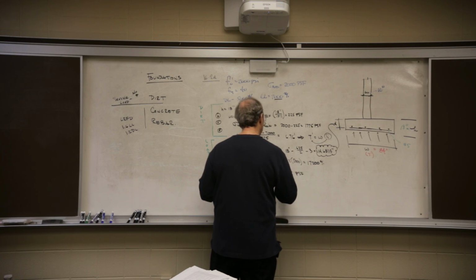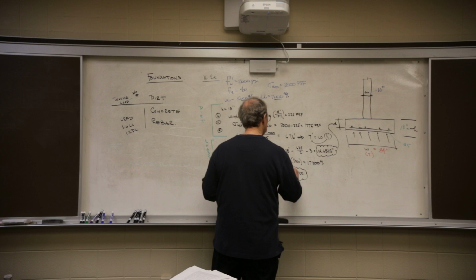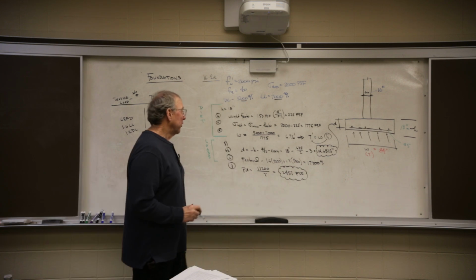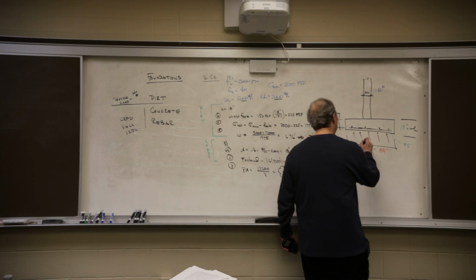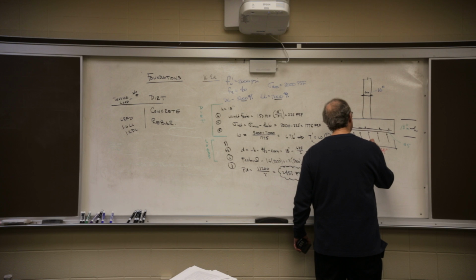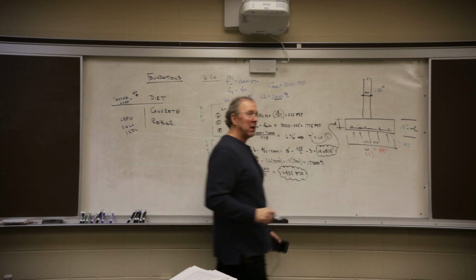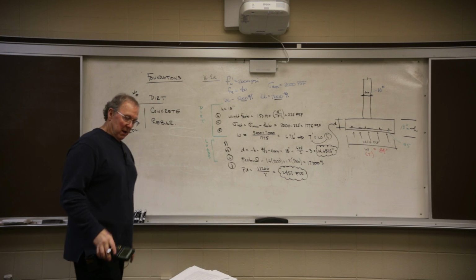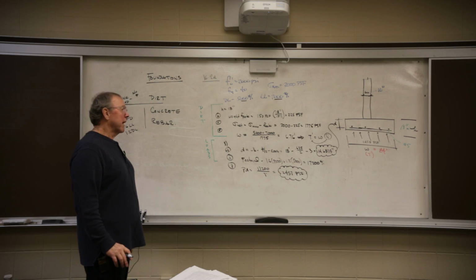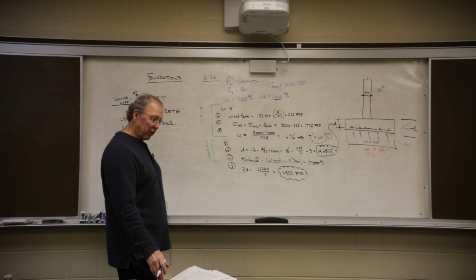I'm going to bubble this one too. I need that number. So this guy's pushing up with 2,457 pounds per square foot. Okay. Notice it's bigger than the 2,000. It is because it's a factored load.